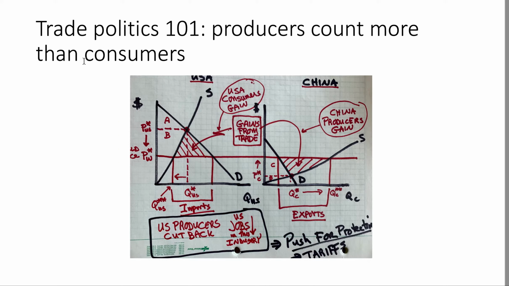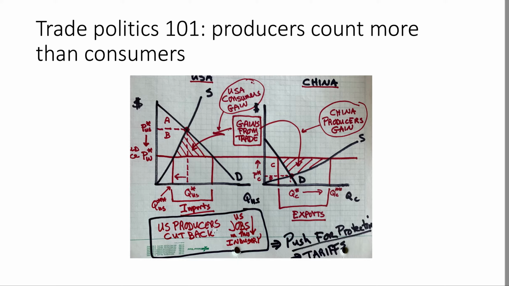All right. Trade Politics 101. Producers count more than consumers. So looking at this graph, we have our imports and we have our exports. And we go up into the U.S. market, and we see that shrinkage in the U.S. domestic industry producing the quantity of the goods. Now they produce less.